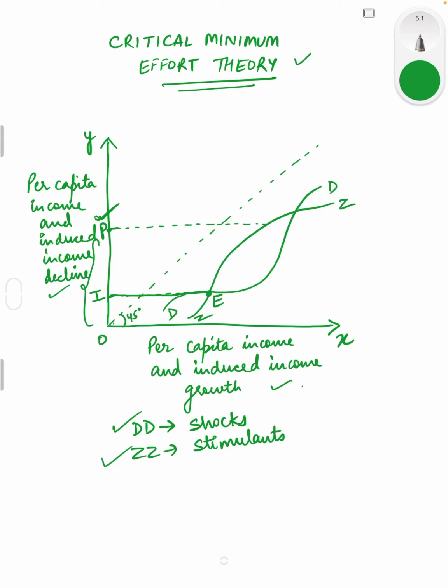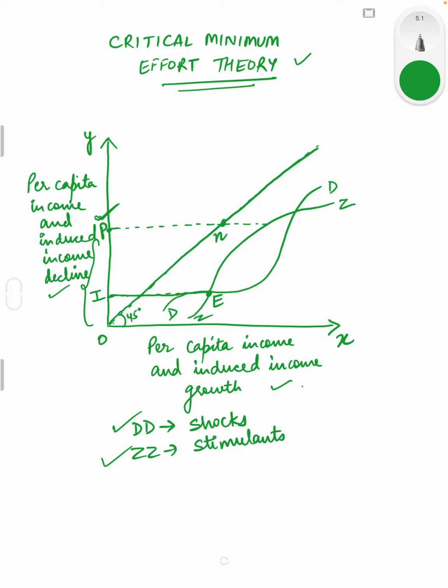Now since this 45-degree straight line is a reference line, corresponding to OP level of income, which the economy sees after some amount of investment, let us mark this point as small n. I am marking this point as small n, where a straight line from OP income level cuts across the 45-degree line.